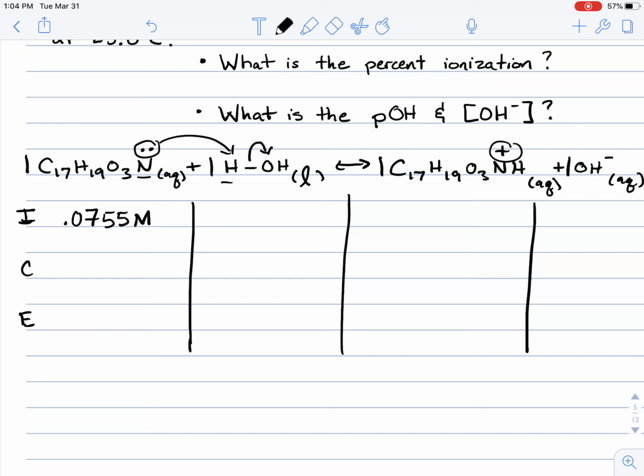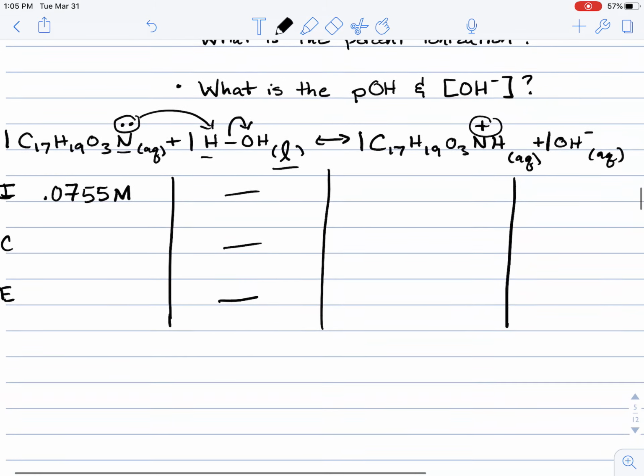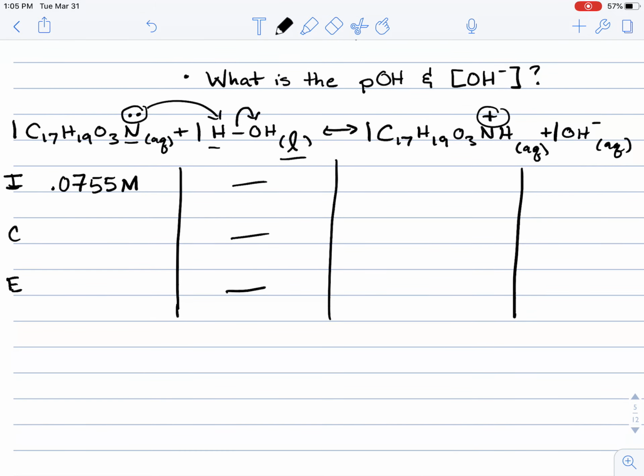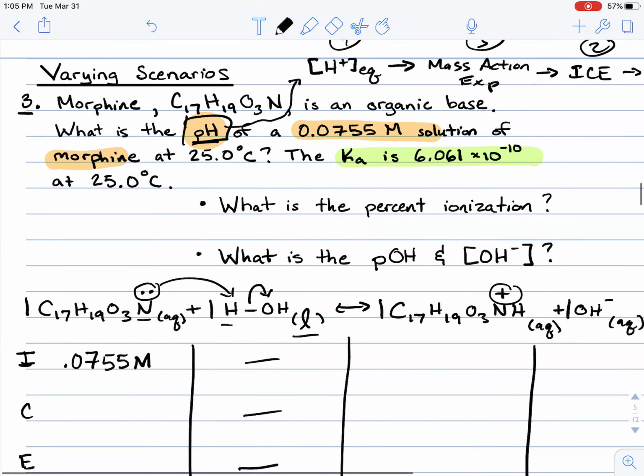Since water is liquid in state, we're just going to go ahead and put a slash all the way through in that column, reminding us that we don't need to incorporate water in our mass action expression and in our equilibrium calculations. If you guys are reading through the problem, there's no indication of what the initial concentration of the conjugate acid of morphine is, as well as hydroxide. So I'm going to go ahead and blank that out.